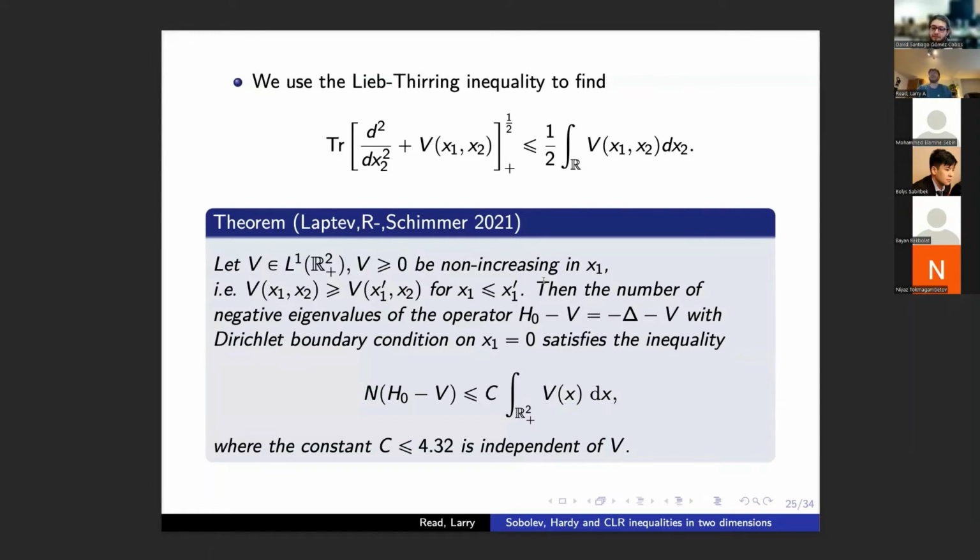Our potential would have to be radially non-increasing, whereas the CLR inequality holds for any L^{d/2} potential. You could obtain explicit constants, but I haven't done it, and I get the feeling that they're far from the optimal constants, and therefore there wouldn't be any use for the constants either. Okay.